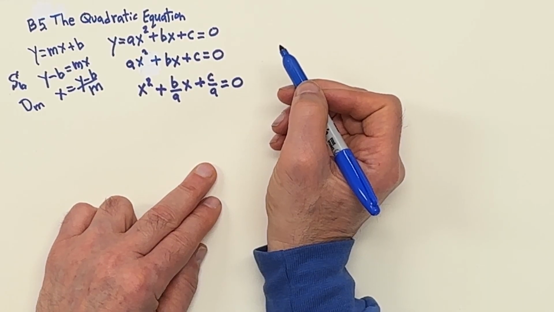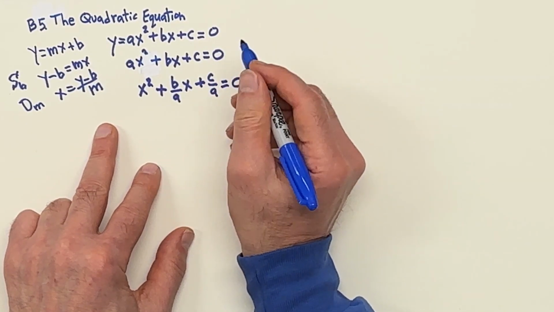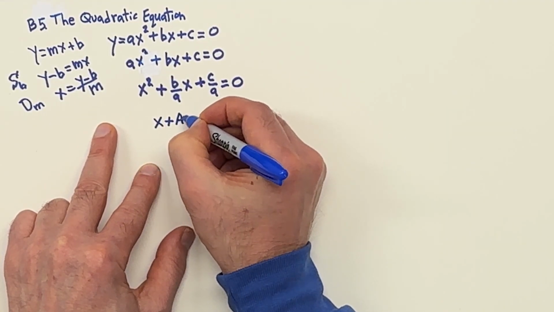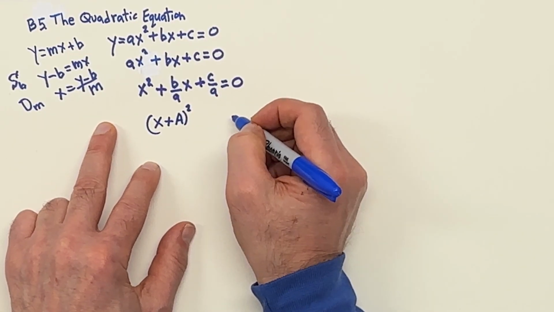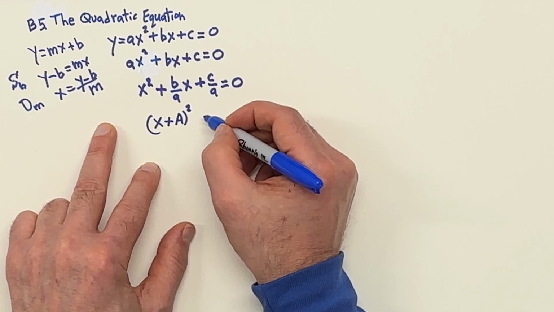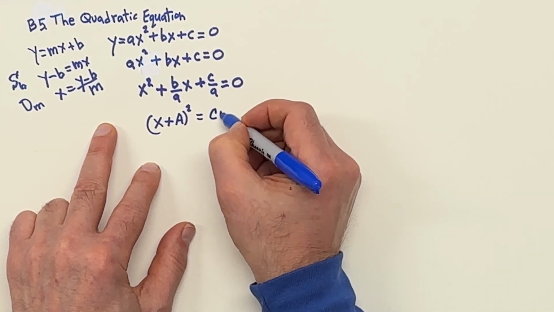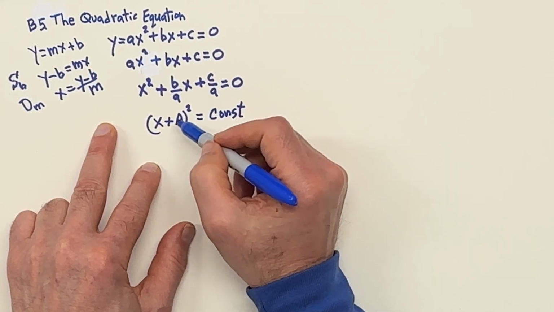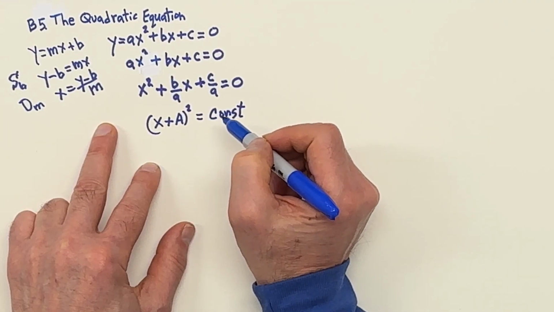Now it would be nice here if we had a complete square, something like x plus a capital A squared equals something with constants on the other side. I'll write down CONST, say constants. Then we could take the square root of this and solve for x.